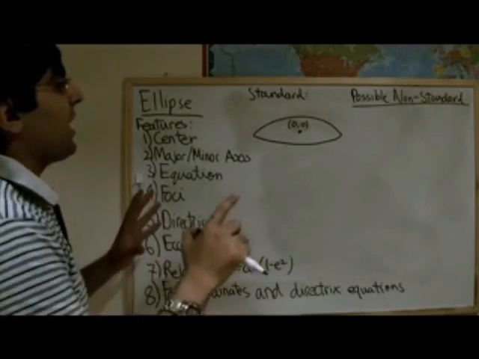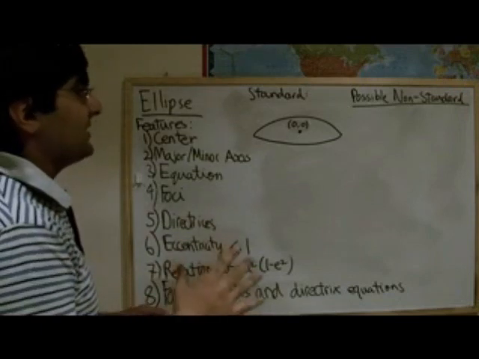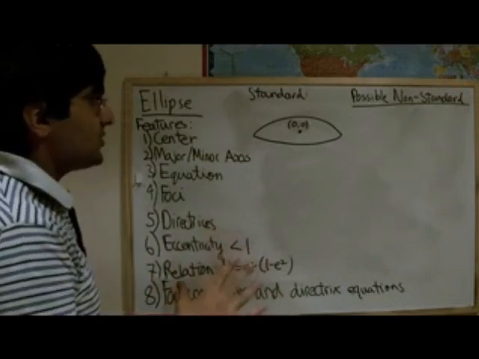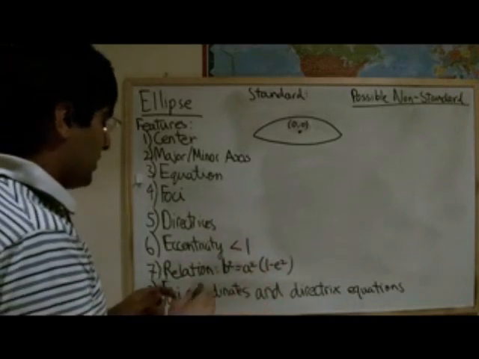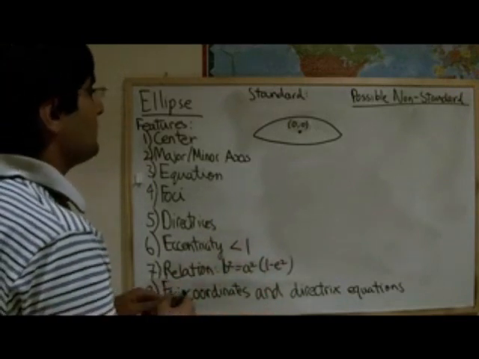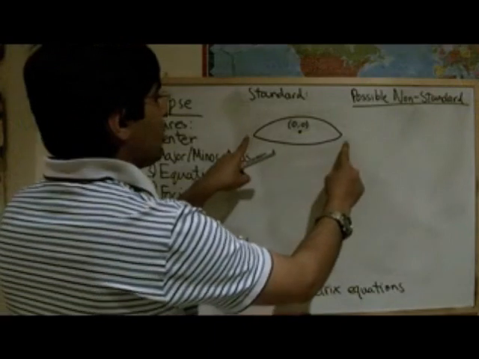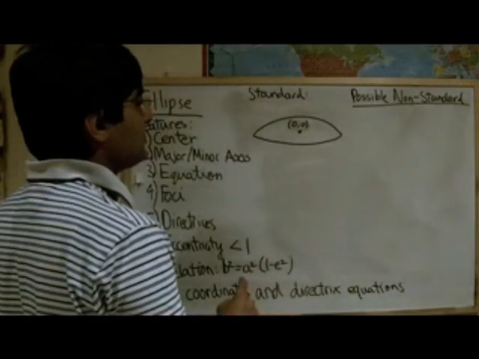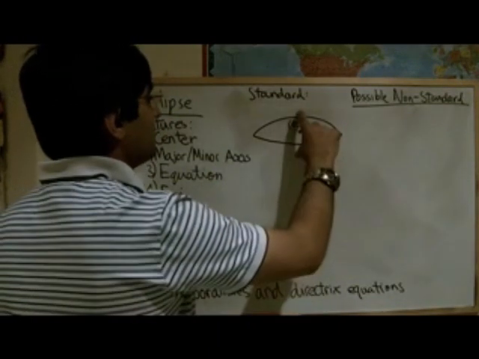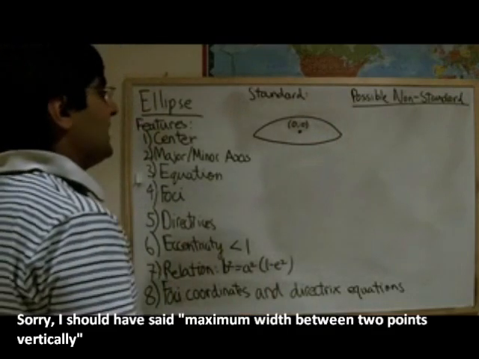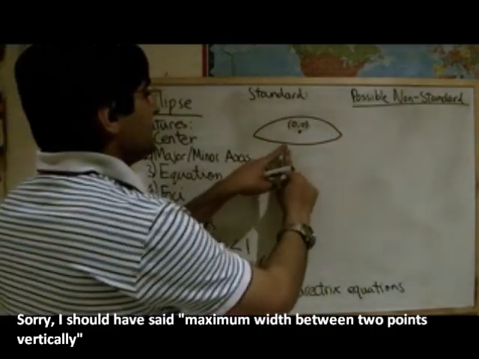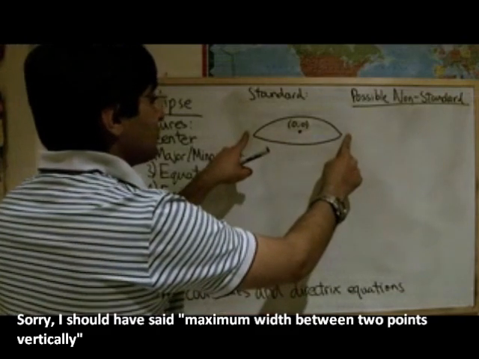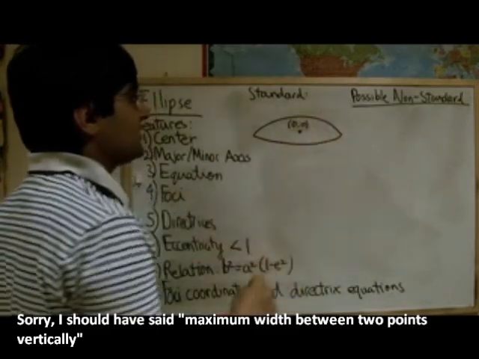The second feature, the major and minor axis. Now pay attention. When we talk about ellipses, we are concerned with 2 very important maximum widths. We are concerned with the maximum width between 2 points horizontally and the maximum width between 2 points vertically. Now, in the case of the standard ellipse, you can clearly see that the maximum width horizontally is greater than the maximum width vertically.